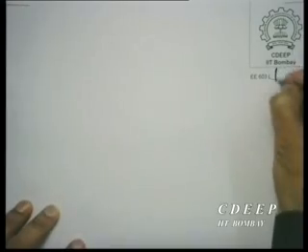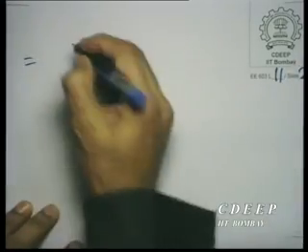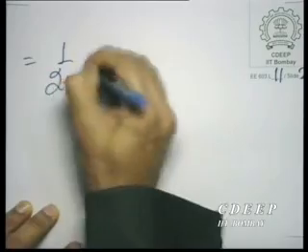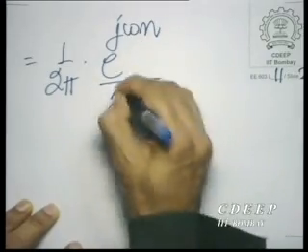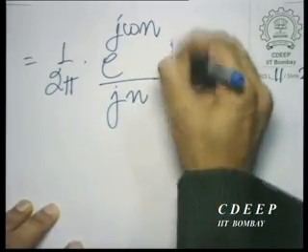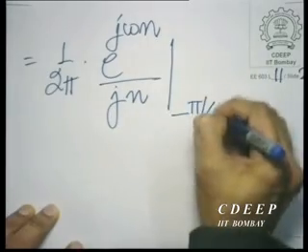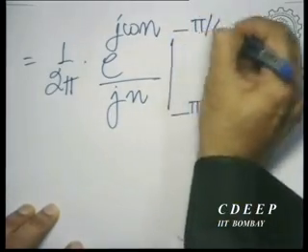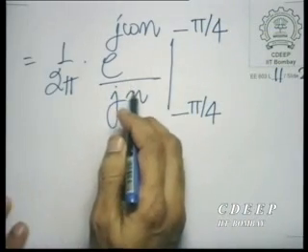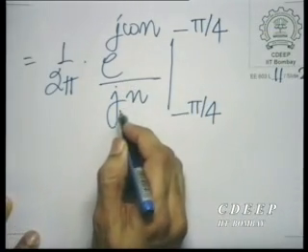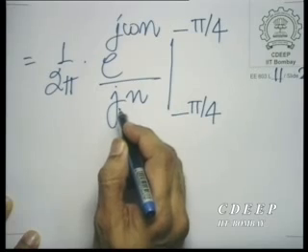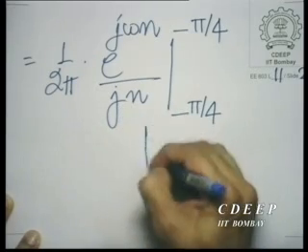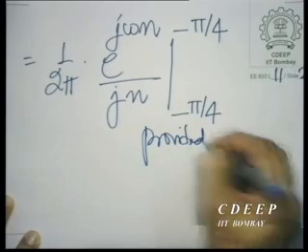This simply becomes... now, please note, I have written this. Do we need to put a condition here? Yes, indeed. What is the condition? The condition is that n must not be equal to 0, provided n is not 0.